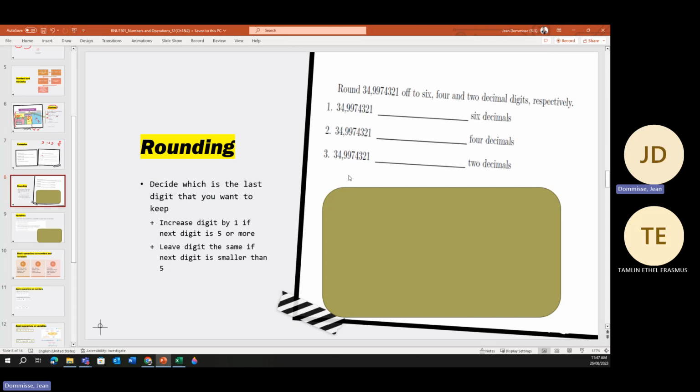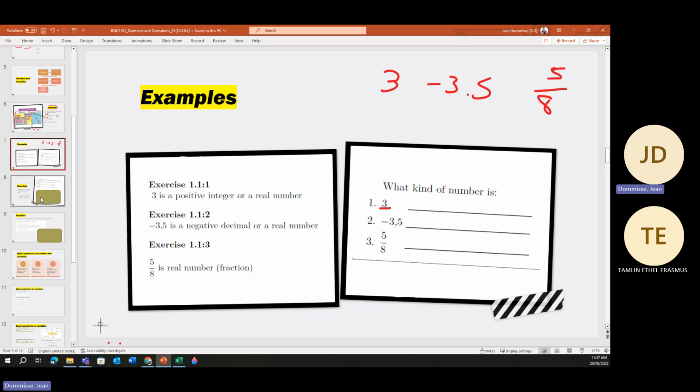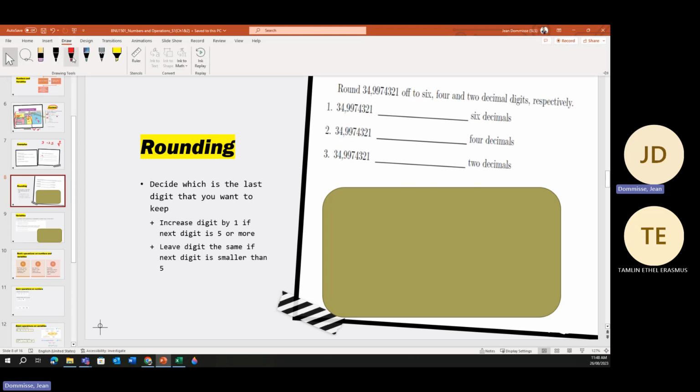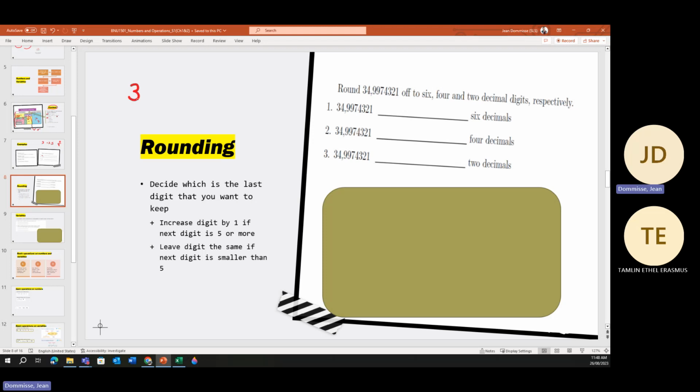Okay, so then the second topic. After we've done the numbers, the second topic is rounding off. So how and the rules with rounding off. So if we have, and let's make it 3,46741.